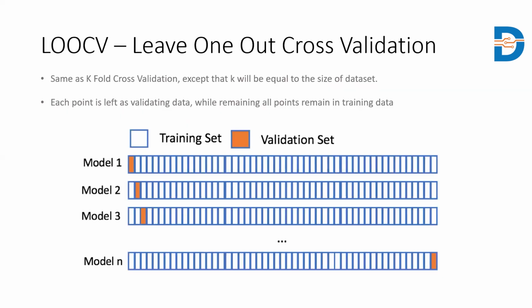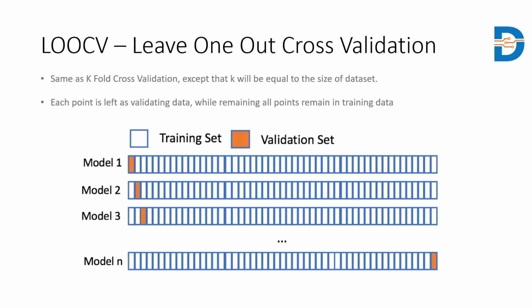Now, leave-one-out cross-validation. This technique is the same as k-fold cross-validation, except that k will be equal to the size of the data set. From the entire set of data points, each point is taken as validating data in each iteration, and all the remaining points will remain as the training set for the model.